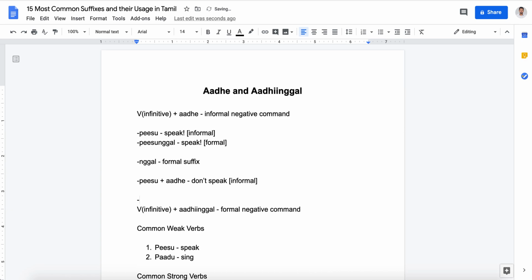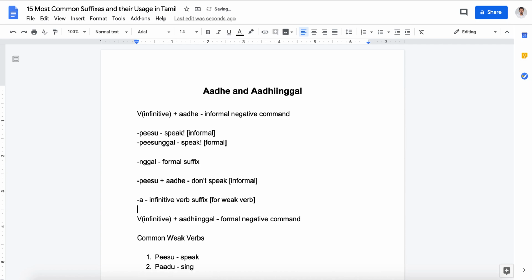There is an infinitive verb suffix for weak verbs, and ka is the infinitive verb suffix for strong verbs.